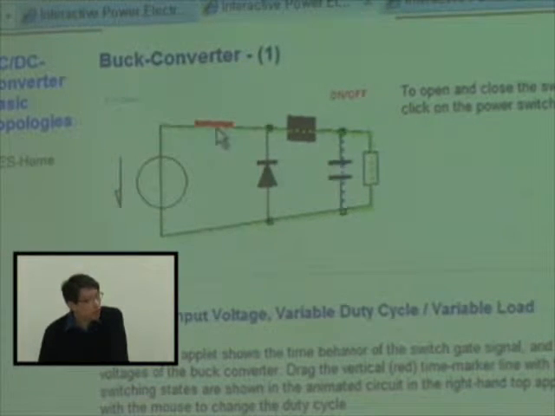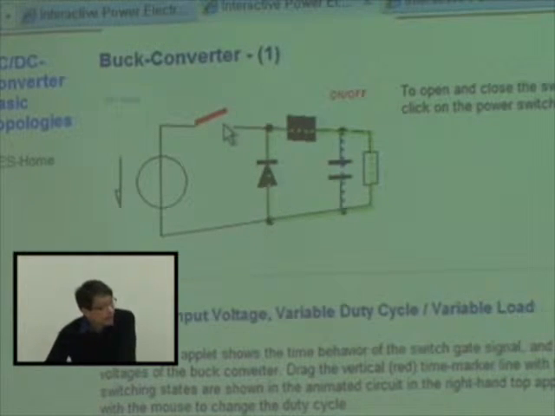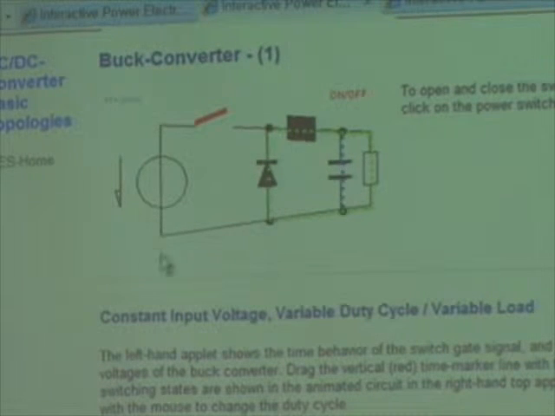And when I open the switch, what happens? Obviously this circuit is now floating, and then the diode turns on because the inductor will force the current to flow through the diode.